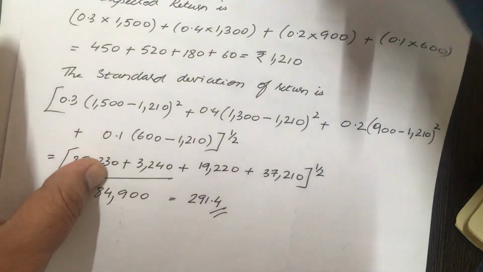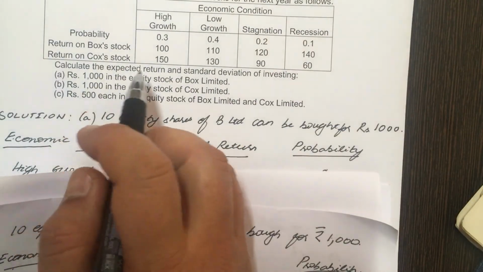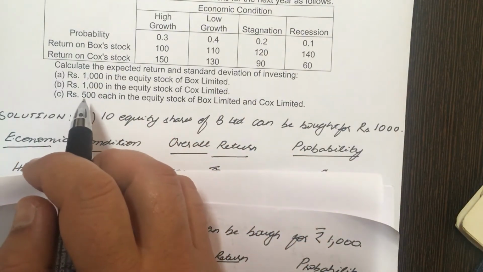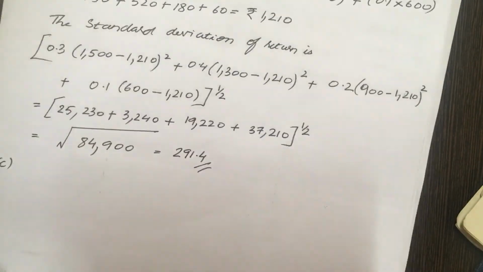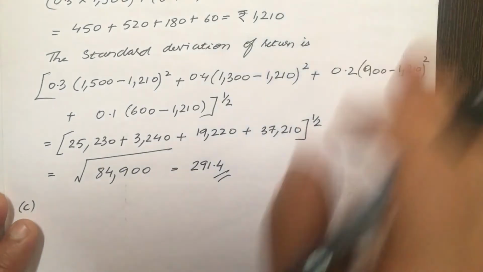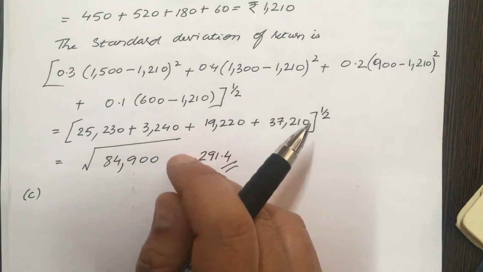Now C is different from A and B. Now in C, we have to calculate the expected return and standard deviation of 500 rupees each in the equity stock of B Limited and C Limited. So with 500, how many shares can you buy?